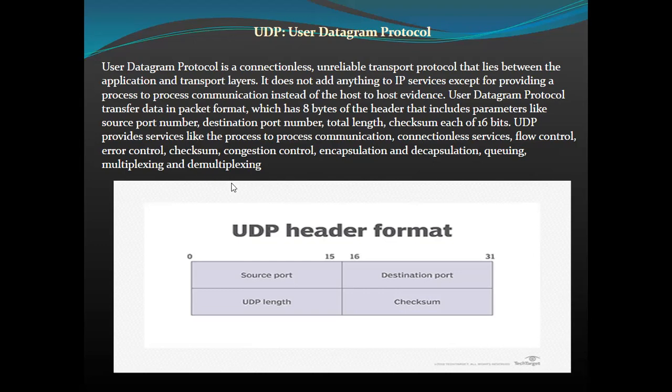So this is what it looks like. As you can see here, there's the source port, the destination port, and the UDP length and checksum. It is a kind of package.